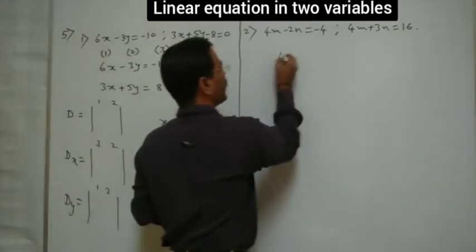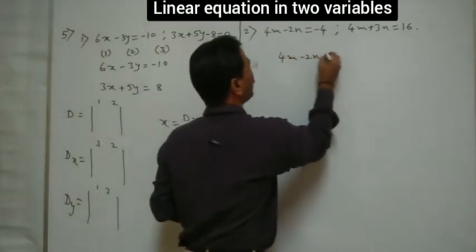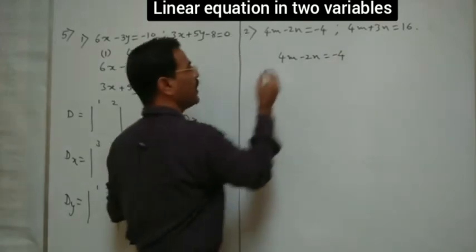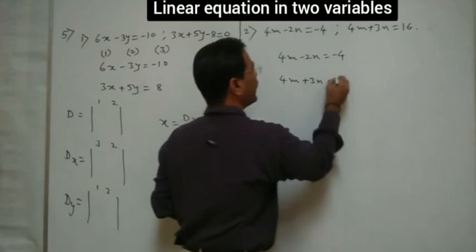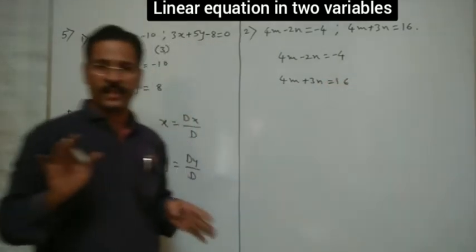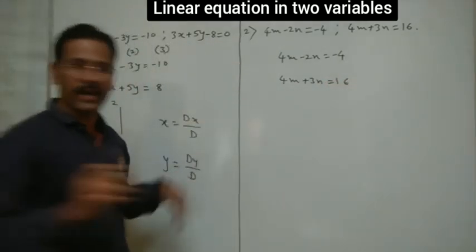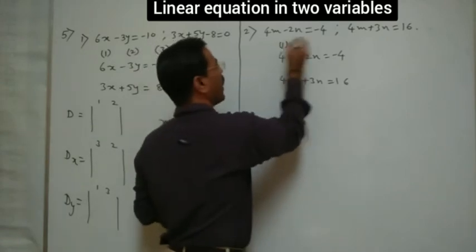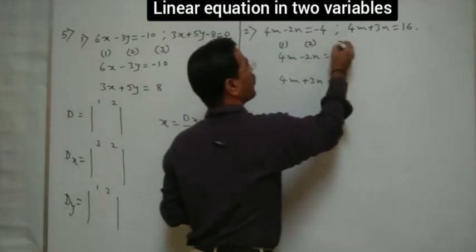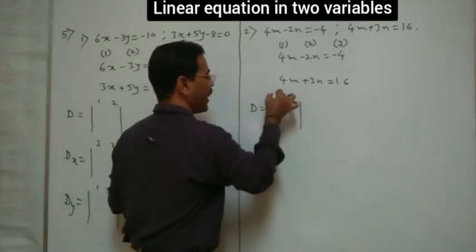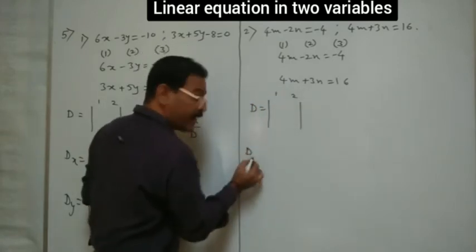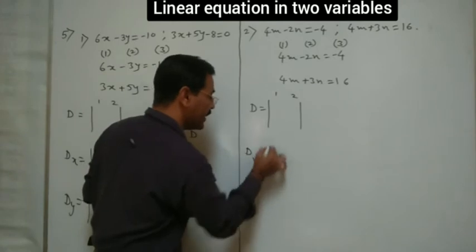Okay? See first here. 4m minus 2n is equal to minus 4. And here it is 4m plus 3n is equal to 16. Okay, they are in neat form already. I'll write again. This is first column, second column, and third column. Here I'll write D for 12. Don't write Dx, write here Dm.